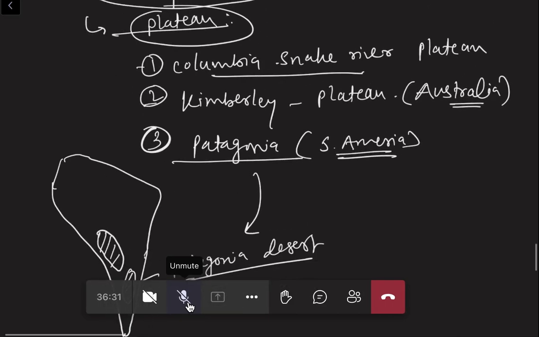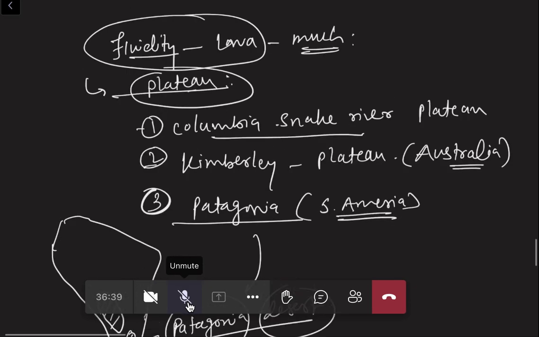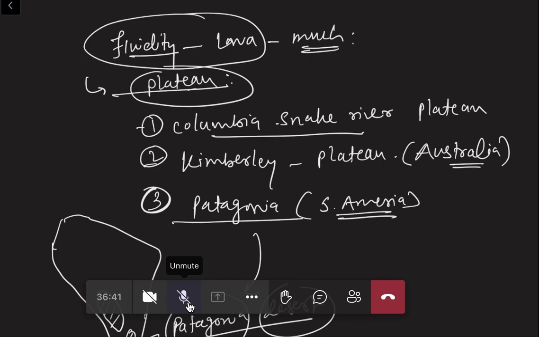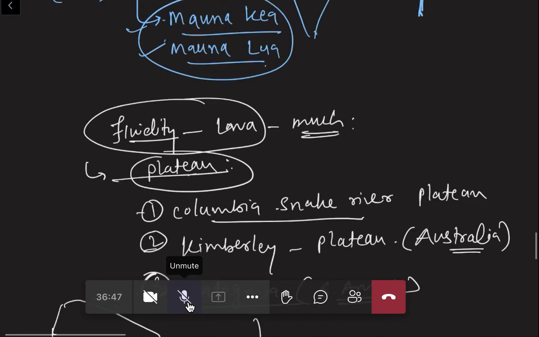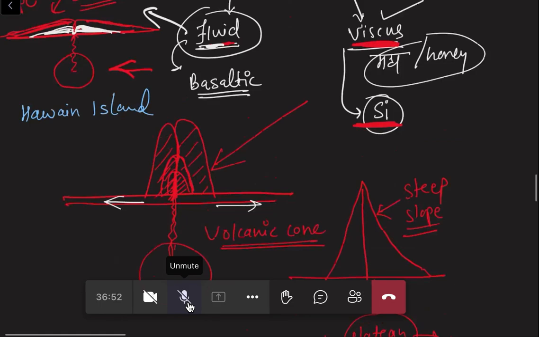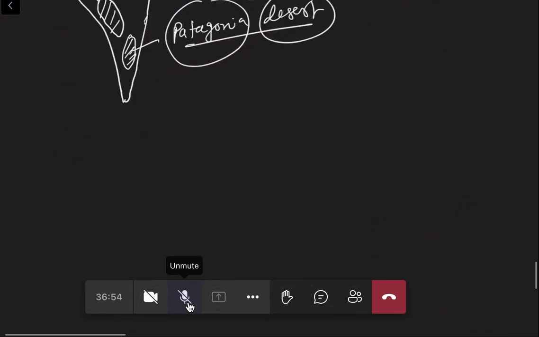Not a desert as such, but the Patagonia plateau is formed because of fluid lava. These are some examples you need to remember. So when they ask what the features are, you can write down the features of volcanic mountains.